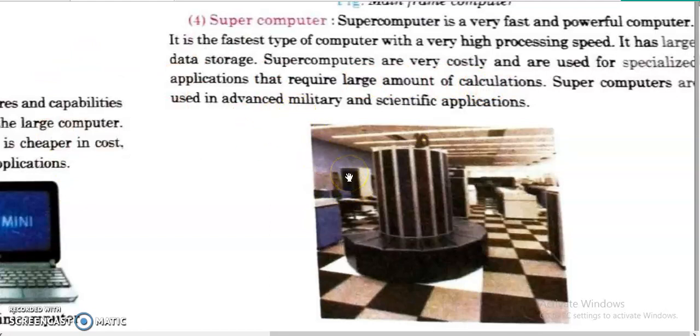Now here you can see the diagram of a supercomputer. They are very large in size. They are the most powerful computers in the world, above the mainframe computers, and they have the capability to perform super complicated tasks such as weather forecasting, defense and scientific research work, and all the biggest projects can be performed by these supercomputers.